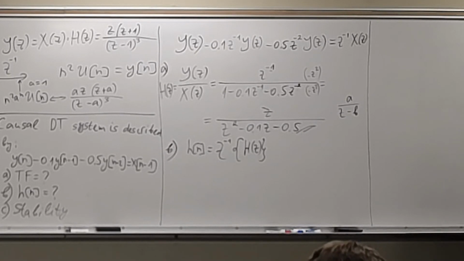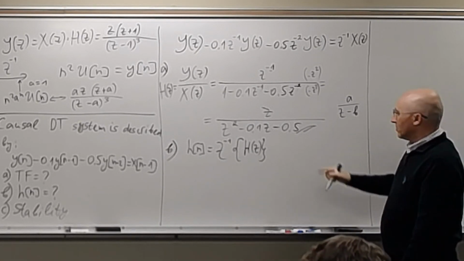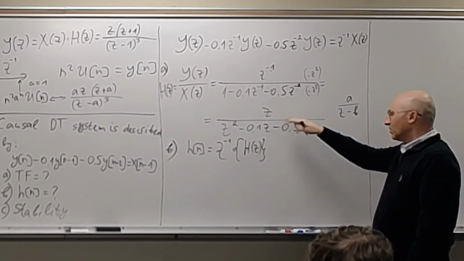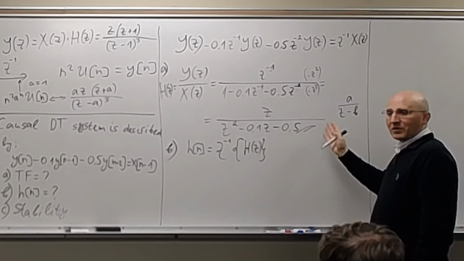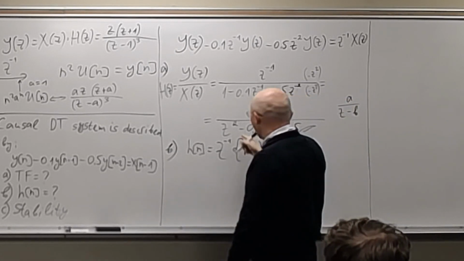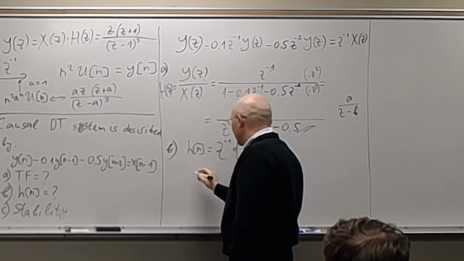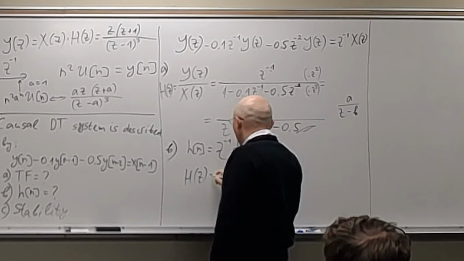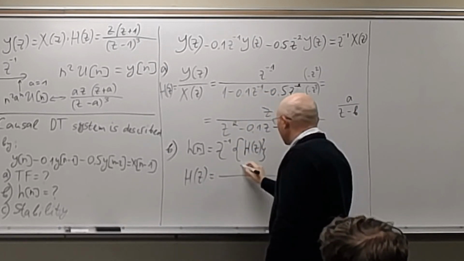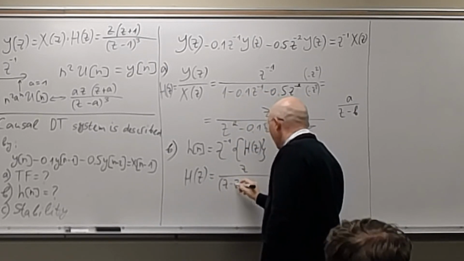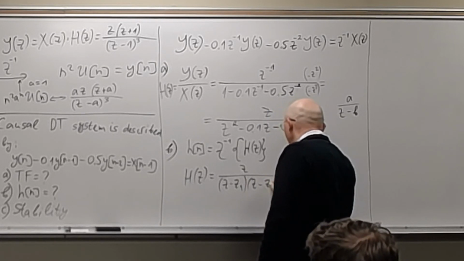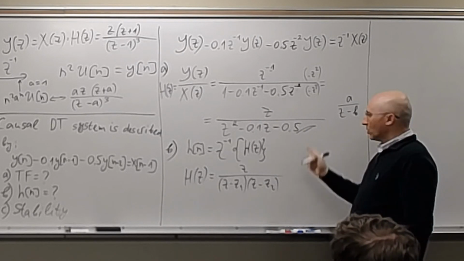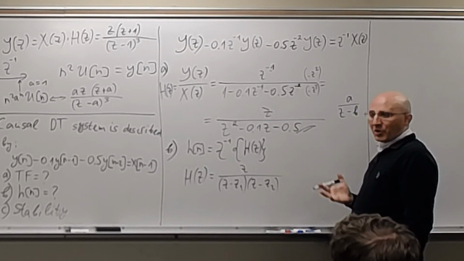Now what? So you know how to write that thing, right? You can write that thing as A divided by Z minus the first root times Z minus the second root. Remember that? So you convert that thing into, let's see, so this is H of Z. You can convert it into Z divided by Z minus Z1, Z minus Z2, and Z1 and Z2 are some given roots of the polynomial of second order, a quadratic equation basically.